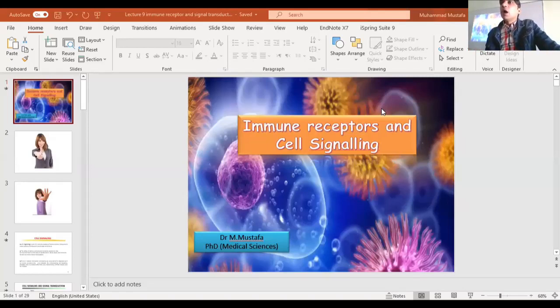If you can remember, I showed you a very weird picture, and I will show it to you again now. That picture looked like circuits connected within the cells. Out of those circuits, I specifically mentioned one particular receptor, which is called the immune receptor. That receptor communicates with gene expression. At the end of the day, it triggers the expression of certain genes, and that is how the cell changes its structure.